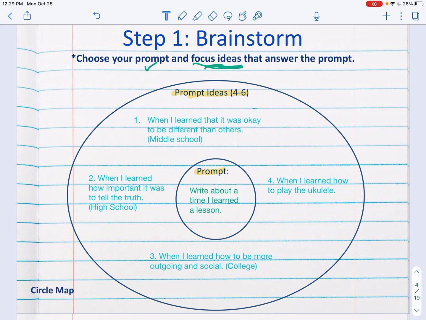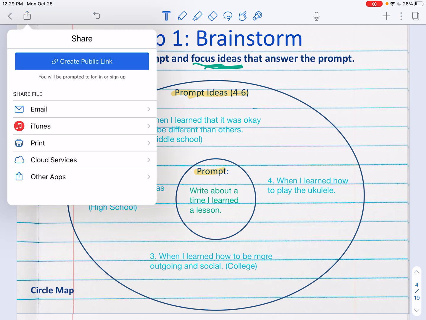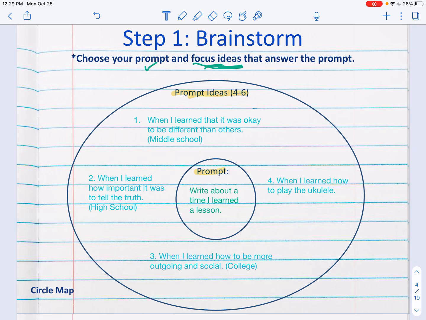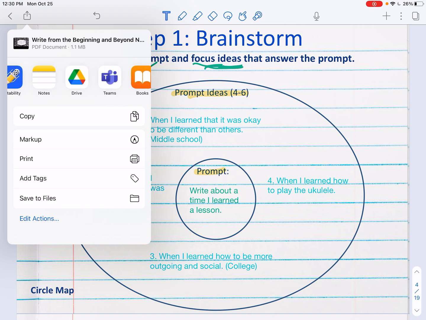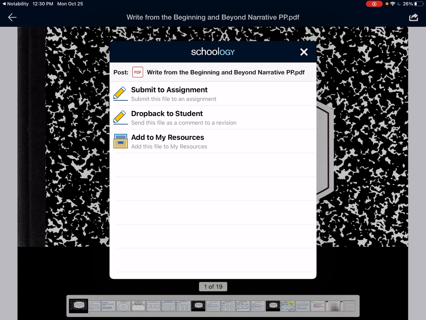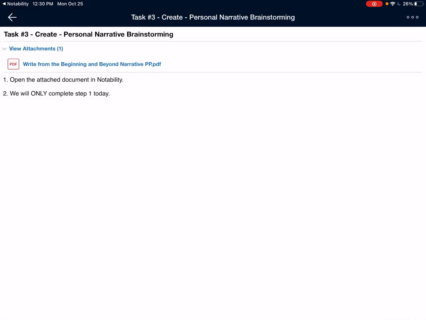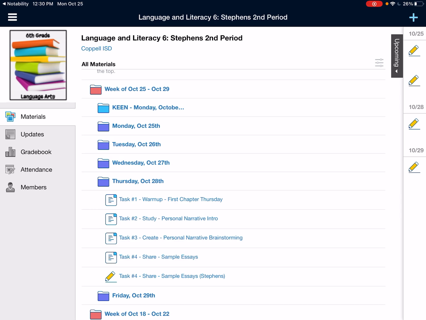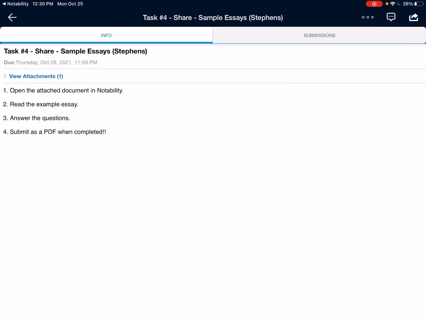When you are finished and your brainstorming looks like mine, you have your prompt written down and you have your 4 ideas written down, you are going to turn this in. So other apps, you're going to share this note into Schoology. And the assignment is called Task number 4, share sample essay.